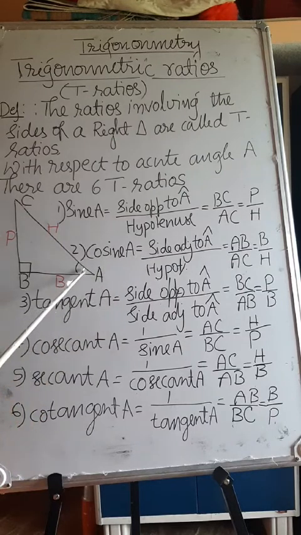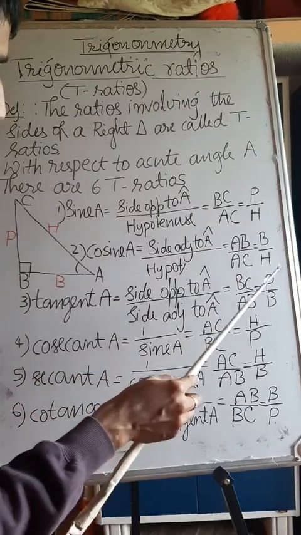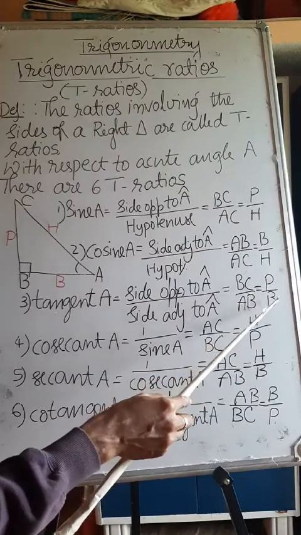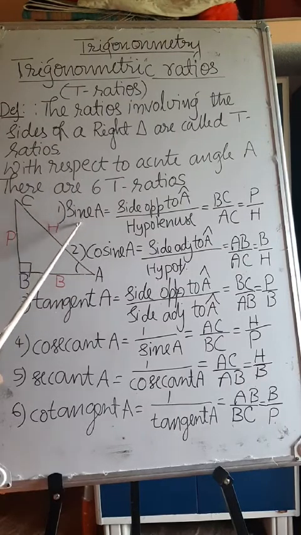Side opposite to angle A, that is the perpendicular, divided by side adjacent to the acute angle, that is the base. Therefore, BC by AB, that is perpendicular by base.